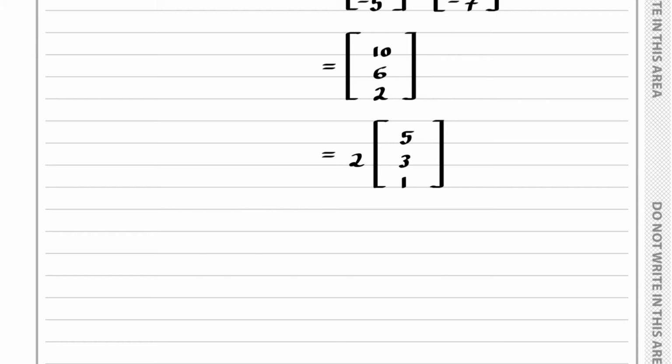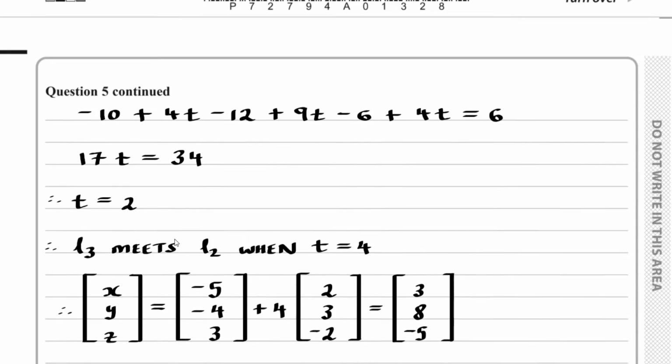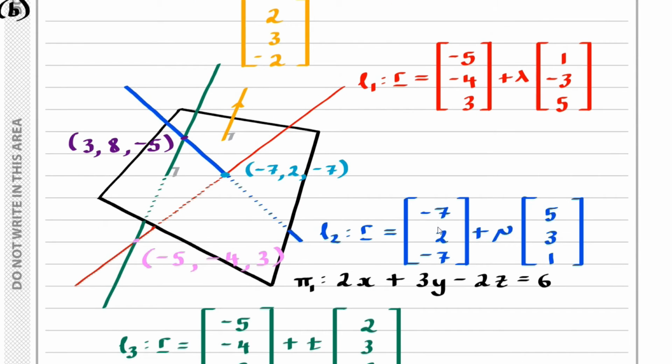And therefore, the line L2 is given by -7, 2, -7 plus mu lots of 5, 3, 1. I could have used the 10, 6, 2 if I wanted to, and using the 10, 6, 2 instead of the 5, 3, 1 will still be the same equation of the line, because I've factored out that mu. So the line L2 is given by -7, 2, -7 plus mu multiplied by 5, 3, 1.